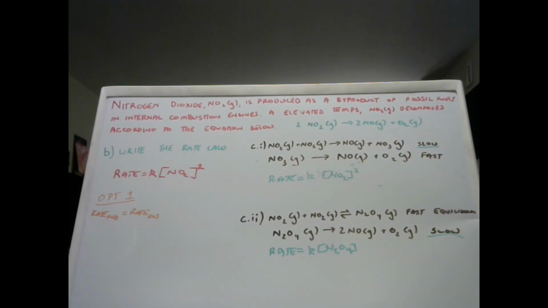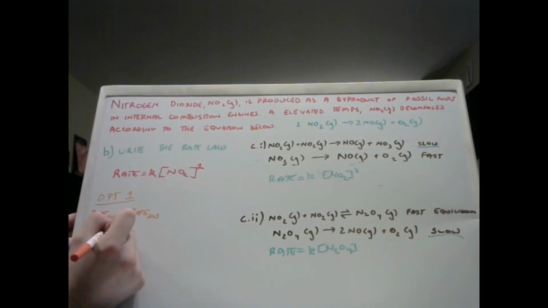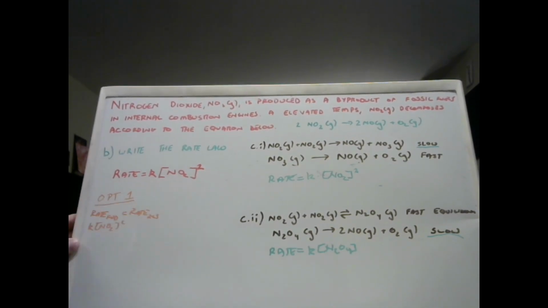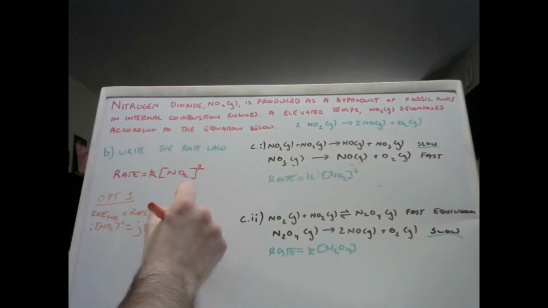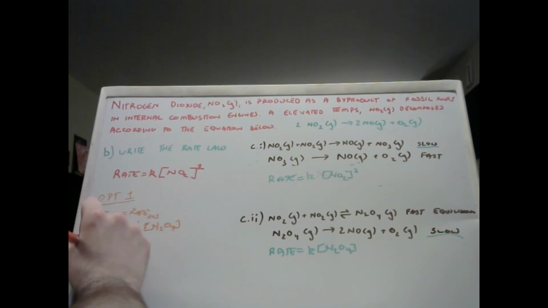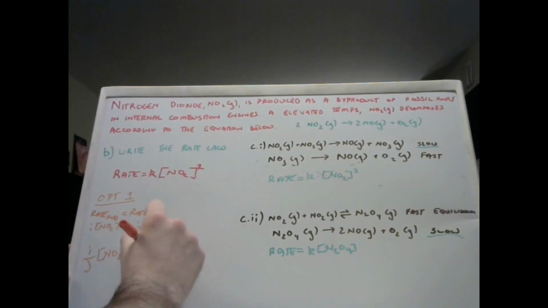What that ultimately means is that we could say it would be k[NO2] squared, because there are two of them, equals, let's change this from k to i just so they're easier to tell apart, j[N2O4], which means that if I do a little bit of math here, I could say i over j [NO2] squared equals [N2O4]. And then I can plug this in over here.